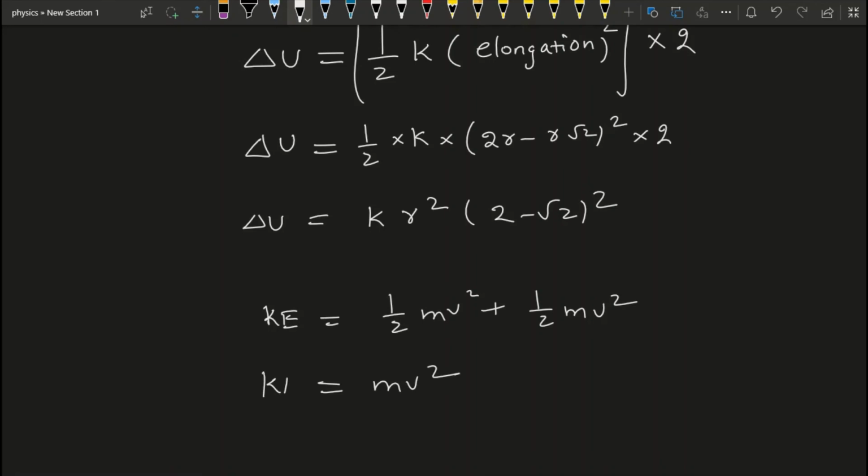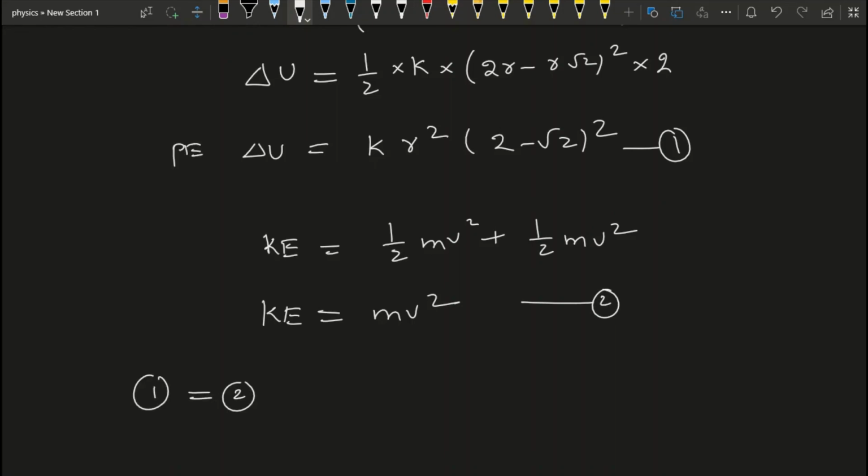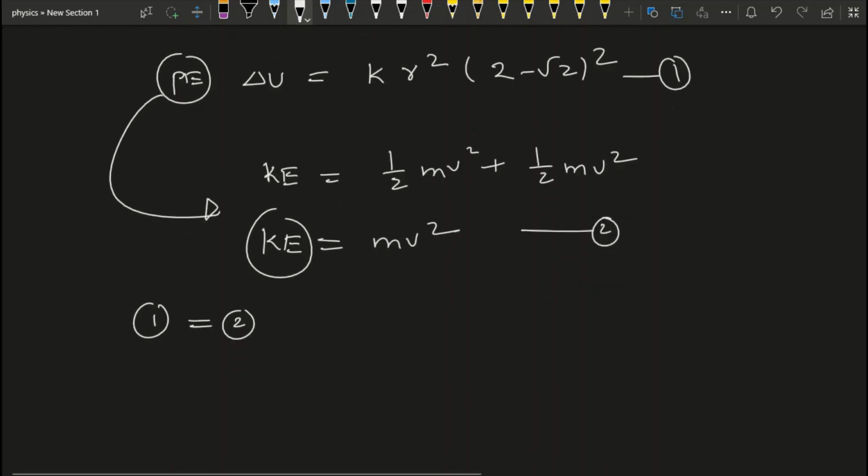This is the kinetic energy of the system. So we can equate the potential energy change and kinetic energy change. From 1 and 2, we can equate them, because the total potential energy of the system is converted into kinetic energy. That's why I'm equating.